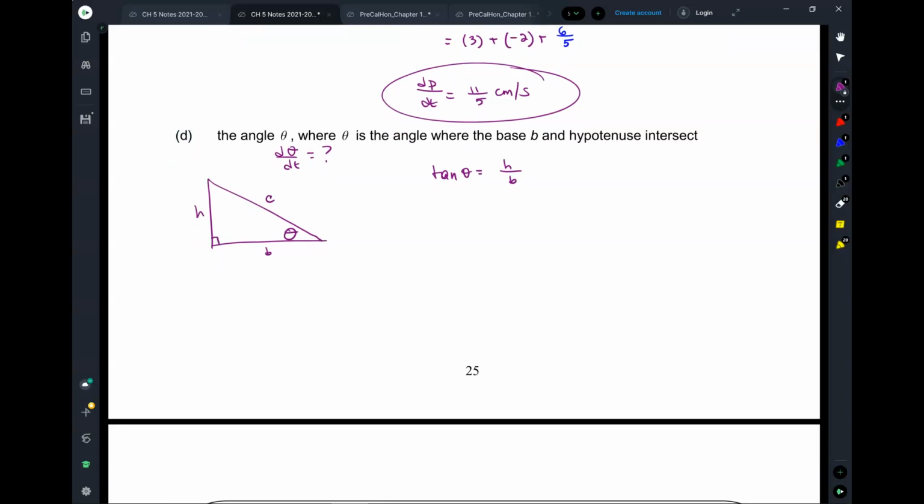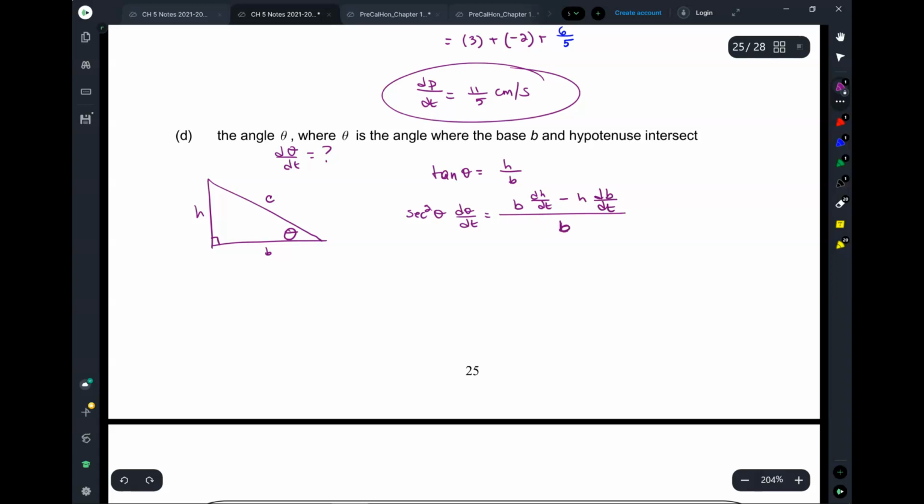What would the derivative of tangent be? Secant squared theta d theta/dt equal to, guess what? What rule is that? Quotient rule. So low d high, take high d low, cross the line and square the low.